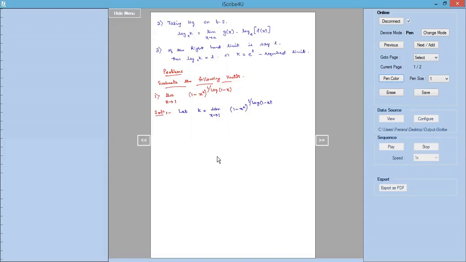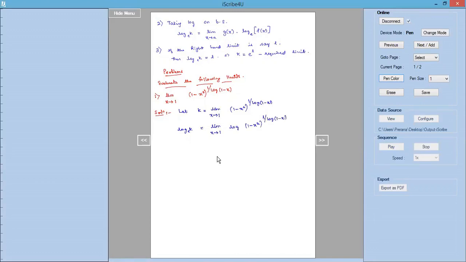Now we take log on both sides in order to get rid of the power form of the question. So log k to the base e, the natural logarithm, is equal to limit as x tends to 1, log of (1 minus x square) the whole power 1 divided by log of (1 minus x).